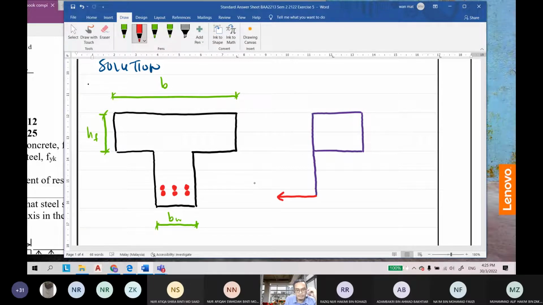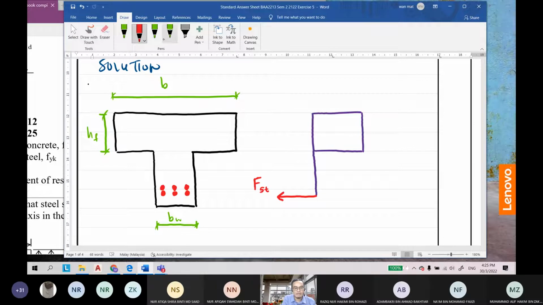F what? Just recall your knowledge. FST, yes, good, the force from the steel due to tension.